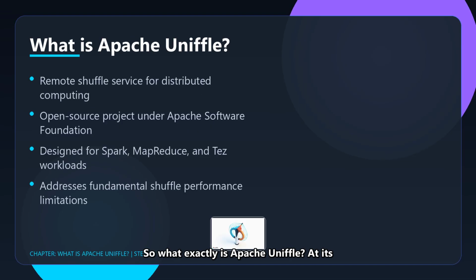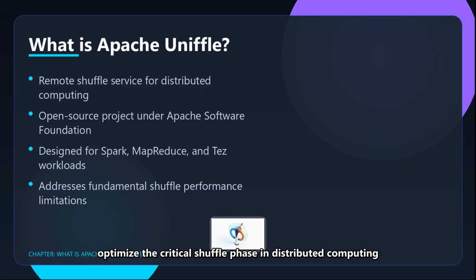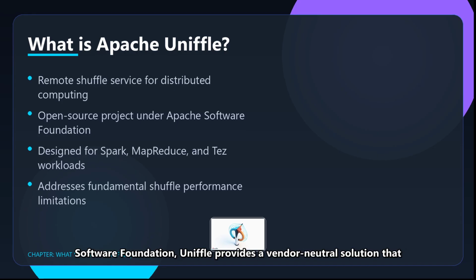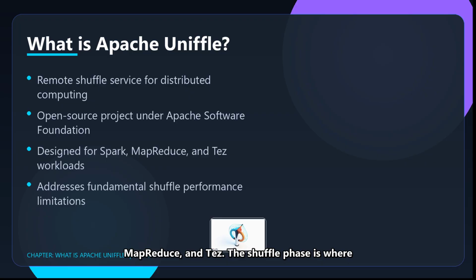So what exactly is Apache Uniffle? At its core, it's a remote shuffle service designed to optimize the critical shuffle phase in distributed computing workloads. As an open-source project under the Apache Software Foundation, Uniffle provides a vendor-neutral solution that works seamlessly with popular frameworks like Apache Spark, MapReduce, and Tez.